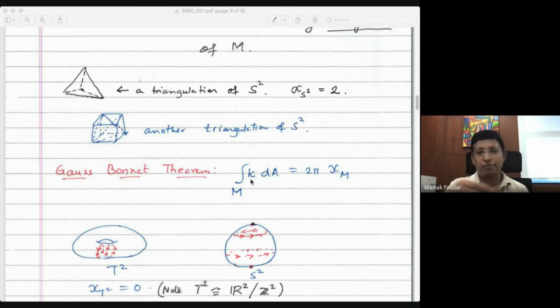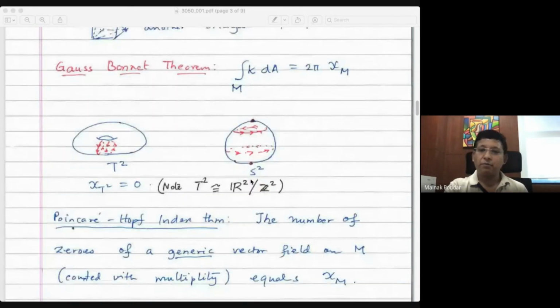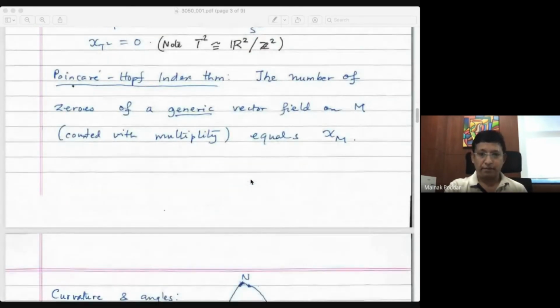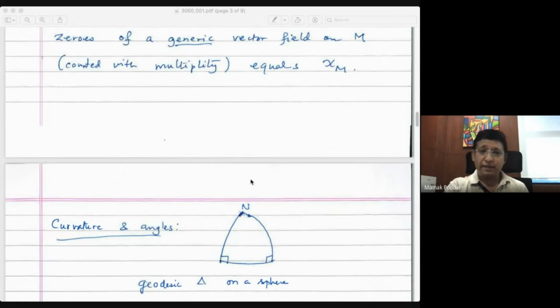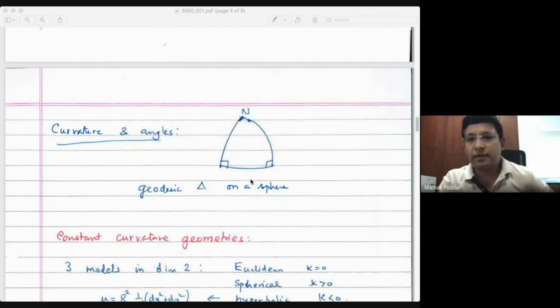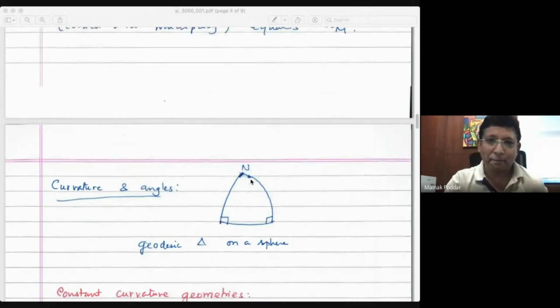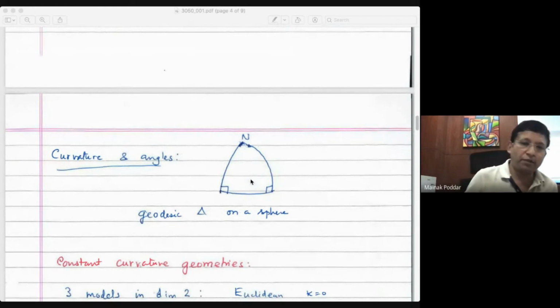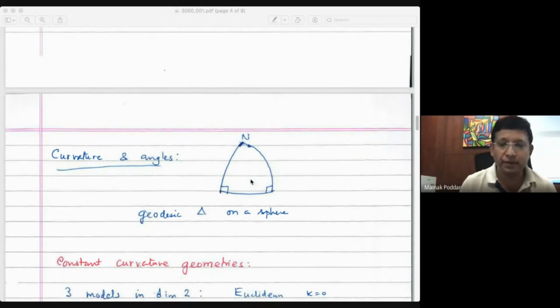So you have to adjust this, but there are versions that are available. But in some sense, something coming from some local thing, a bit of linear algebra and calculus, is telling about the global type of the manifold.